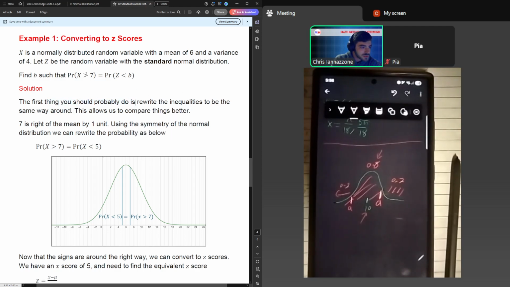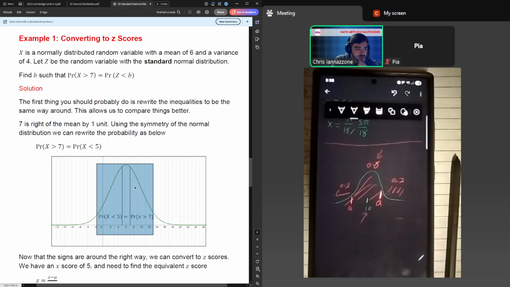First thing I would do is try to rewrite this equation to make sure that everything's pointing in the same direction, right? It's very hard to contrast an upper bound with a lower bound. So one of the first things I will do is look at my normal distribution, though you could do either way, really. You have all the information for normal and for standard normal.